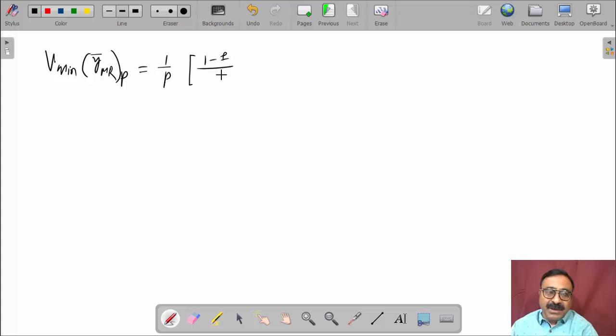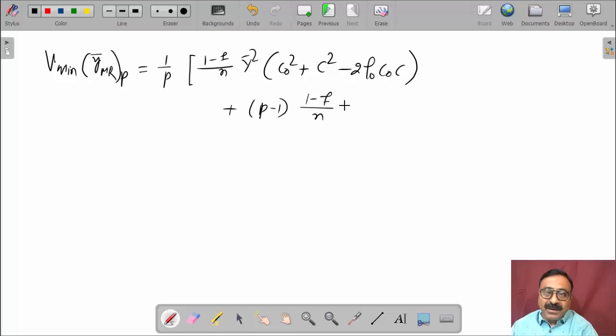This will be 1 minus F by N y bar square into C0 square plus C square minus 2 rho 0 C0 C, plus P minus 1 into 1 minus F by N y bar square into C0 square minus 2 rho 0 C0 C plus rho C square.